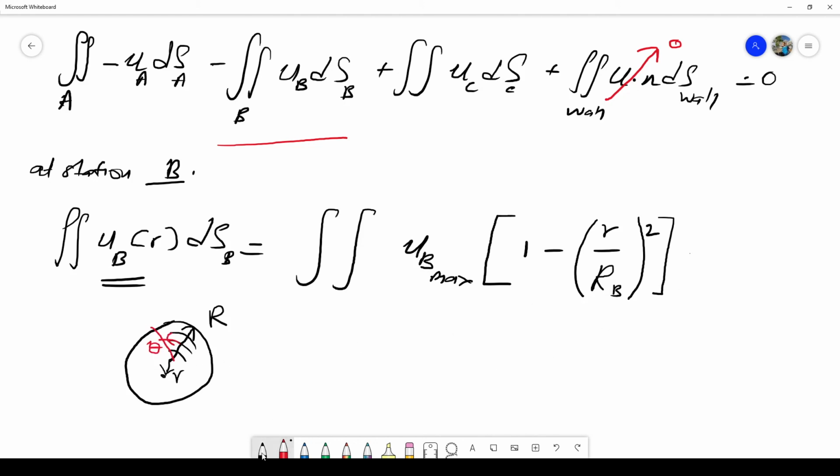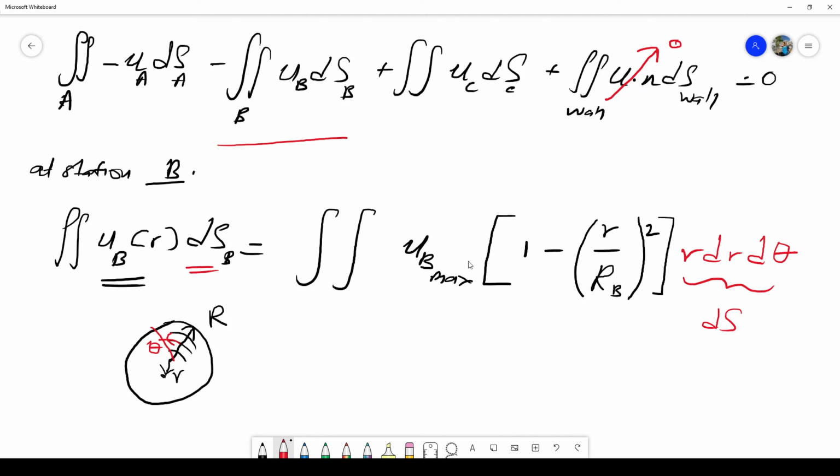So in this case, we will have dS here, which is represented by R dR d theta. So this represents the surface B.